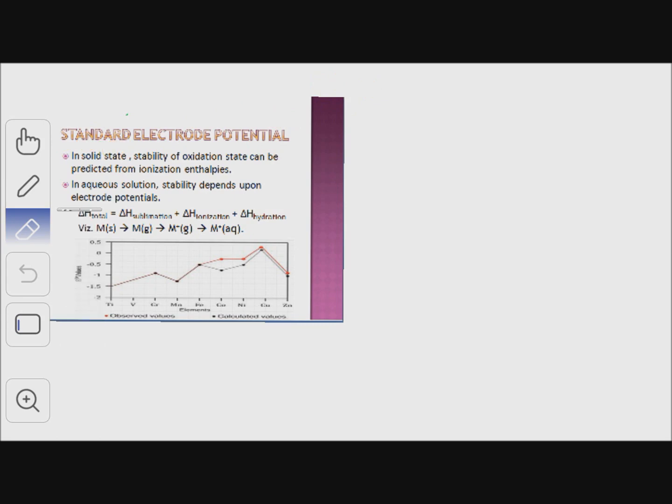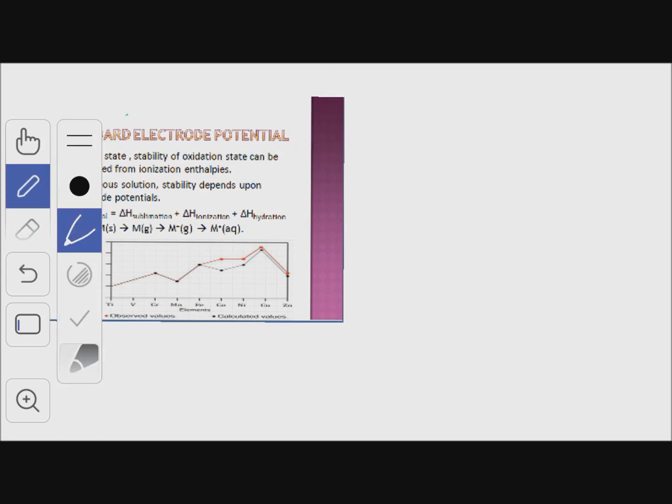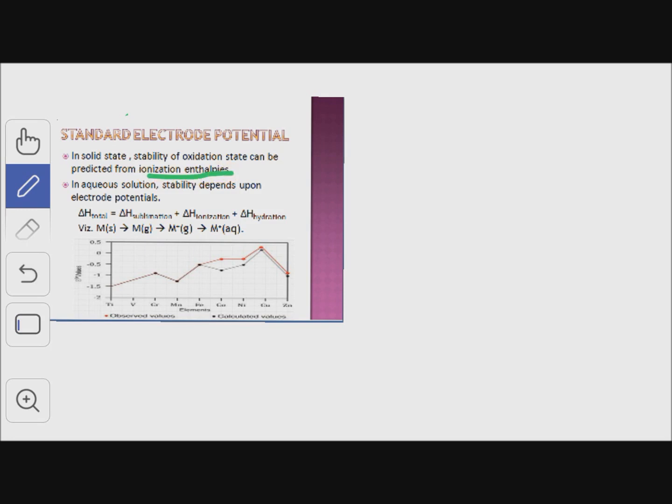In case of transition elements in solid state, the stability of the oxidation state can be predicted from ionization enthalpies. But in case of aqueous solution, stability depends upon electrode potentials.